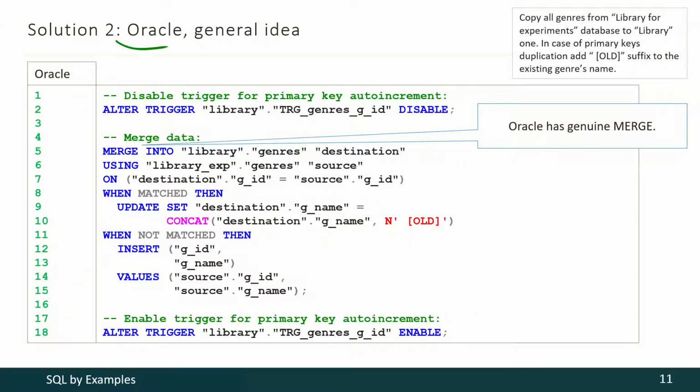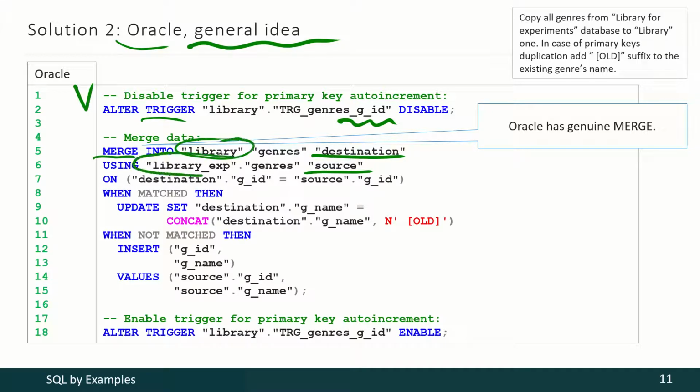For Oracle, the general idea is the same. First we have to disable the trigger that produces new values for our primary auto-incremented key. Then we have to use the merge operator defining the destination and the source tables, and these tables are from the different databases. Then we are telling the DBMS to compare these values from the destination and the source tables.